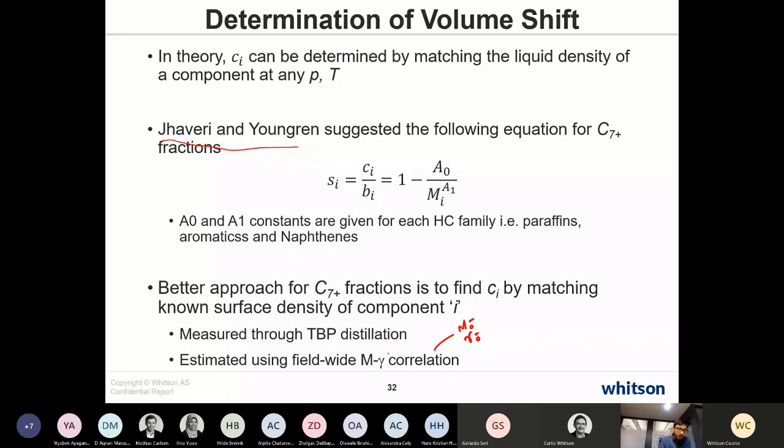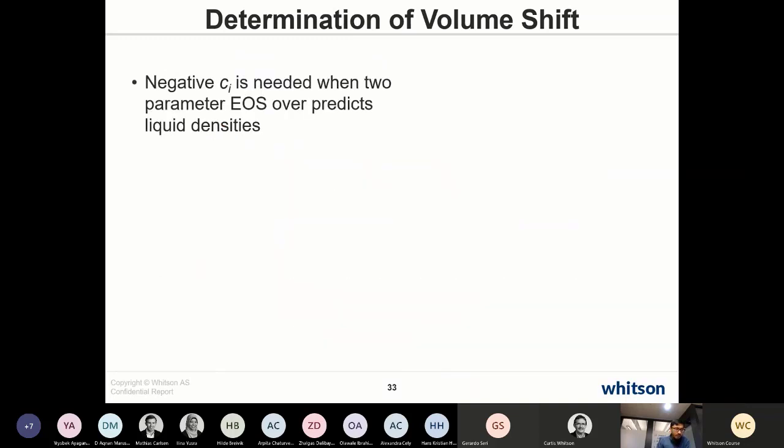That correlation, giving the specific gravities of each component at ambient condition, can be used to tune the volume shifts. And that's something we will discuss in detail also when we go through the EOS model development workflow. So yeah, Curtis, do you have any comments here?